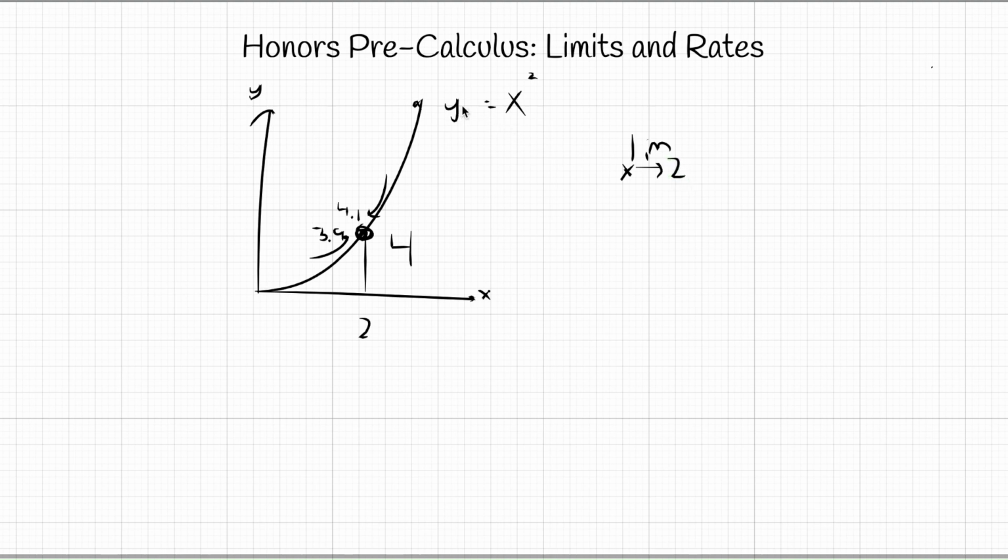Let's say f of x is equal to x squared. Then we have the limit as x approaches 2 of f of x. Or we can write the limit as x approaches 2 of the function itself, which is x squared.